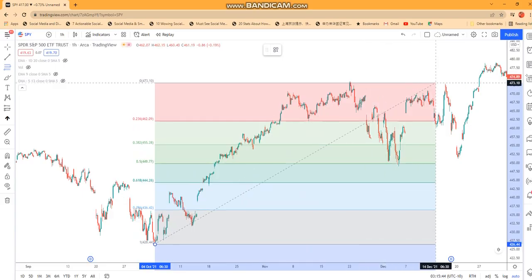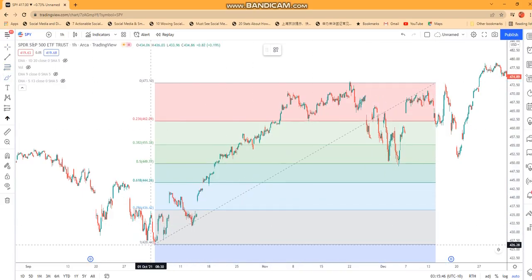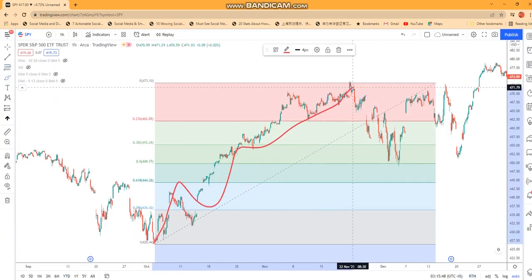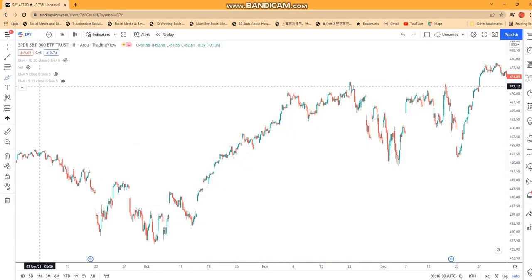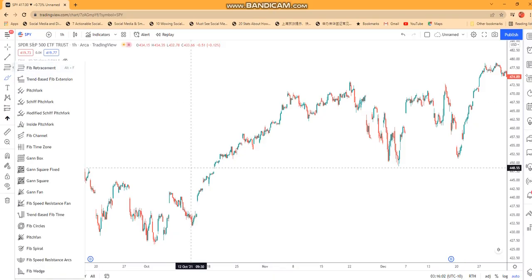Can you see that the stock went up and then dropped to where? 0.5. This is the 0.5 mark. So this is where it usually retraces to, or even the 618, and then it might bounce off. So basically, if you're doing retracement, if it's down to up, you're finding support. If up to down, you're finding so-called resistance.